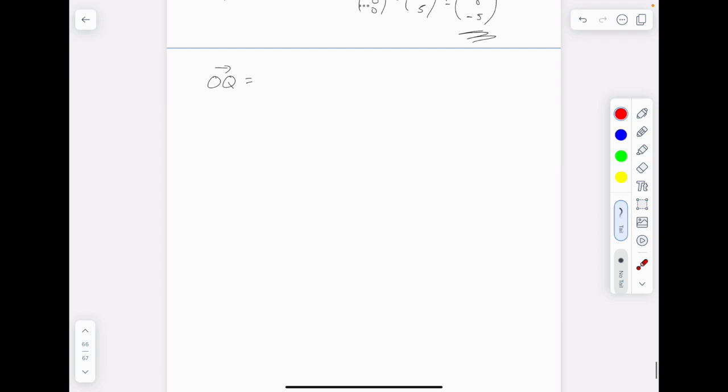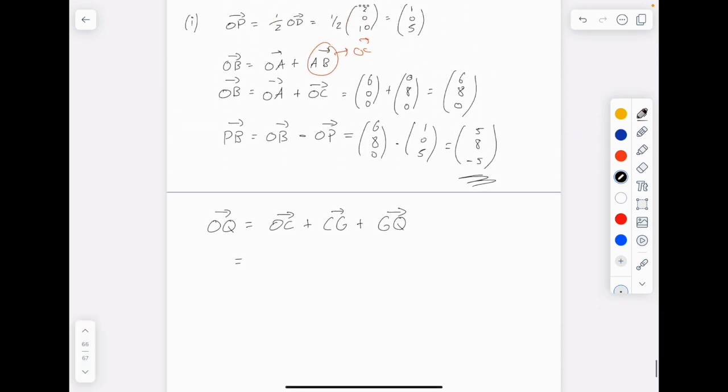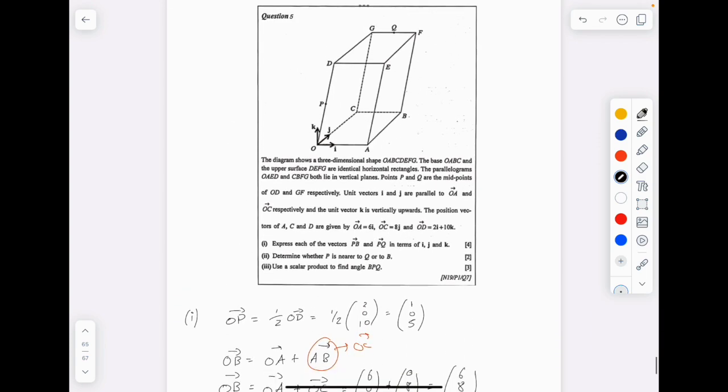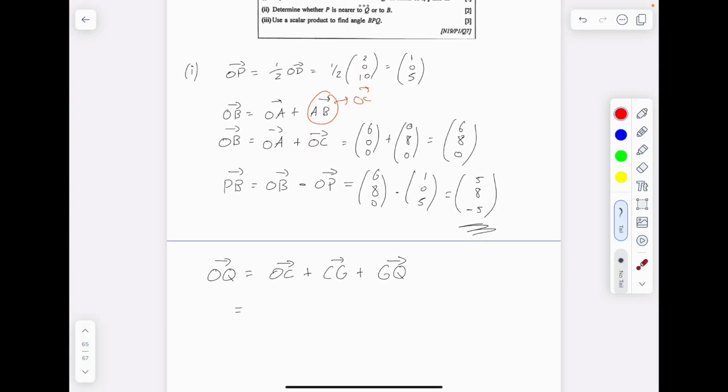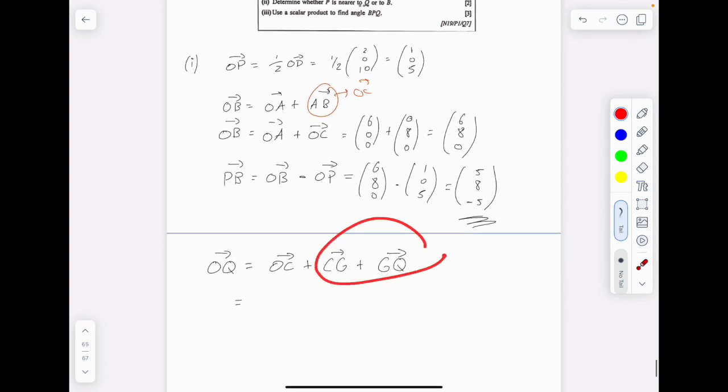So, what does that give us? That gives us OC plus CG plus GQ, right? Which corresponds to what? Well, what's OC first of all? Well, even before I go there, we're not given these, okay? We have to deduce these further.